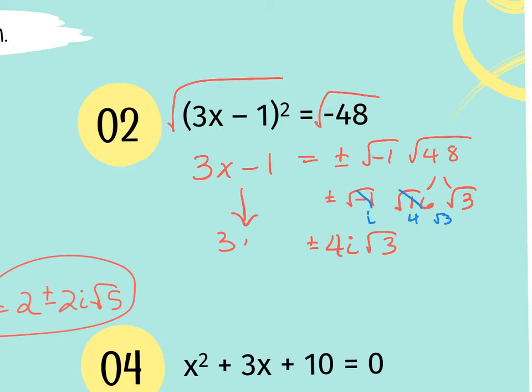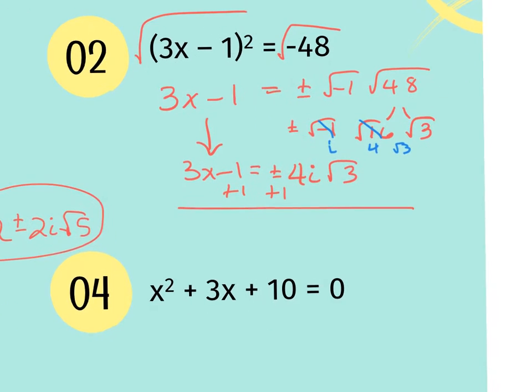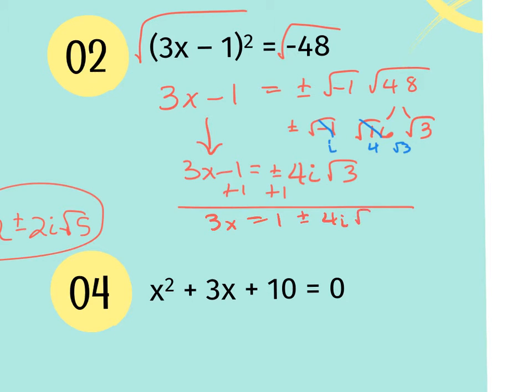Drop down this side, and now I'm going to move the 1 to the other side by adding it. 3x equals 1 plus or minus 4i square root 3, and then divide everything by 3. So x is equal to 1 plus or minus 4i square root 3 over 3.